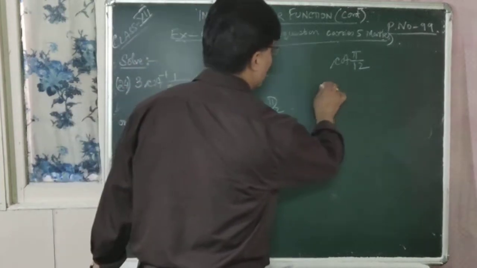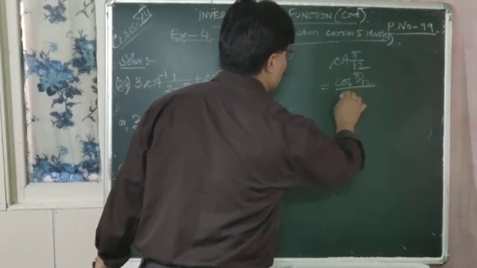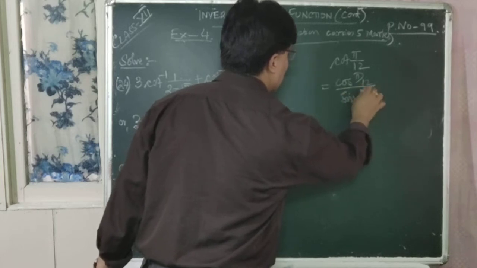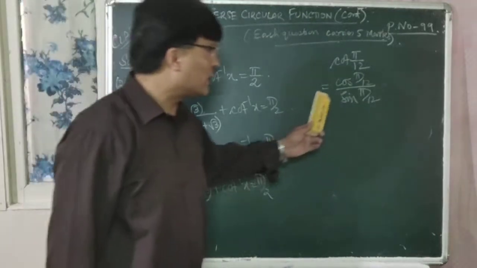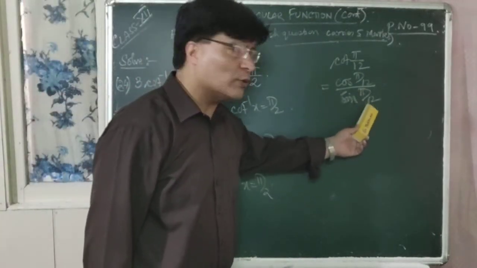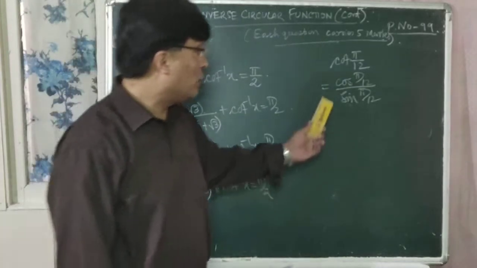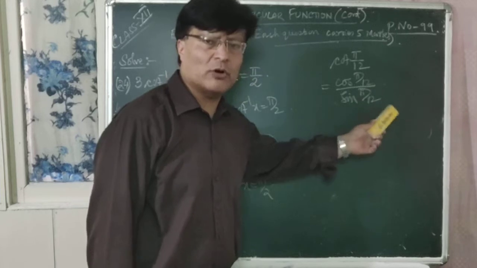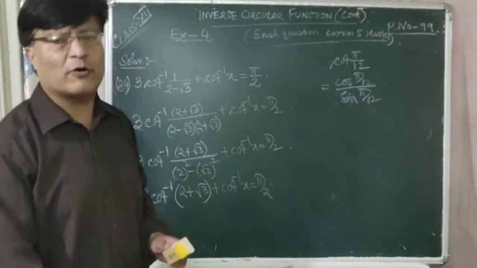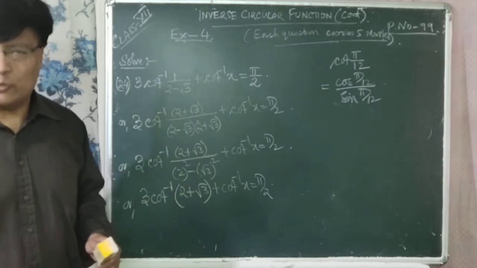So now you know that cot pi by 12 is cos pi by 12 divided by sin pi by 12, right? Now let us simplify it. For sin pi by 12, let us multiply by 2 cos pi by 12. Then it will be 2 sin pi by 12 cos pi by 12. You can use the formula from multiple angles. What is 2 sin a cos a? It is sin 2a.